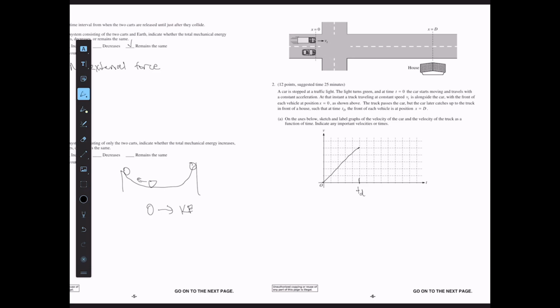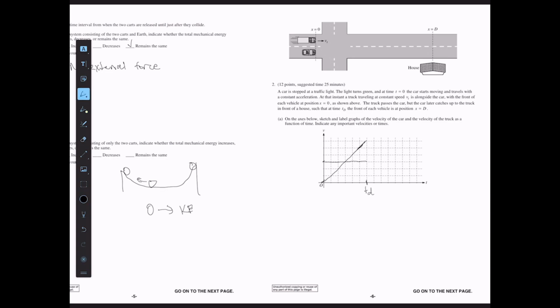The constant velocity of the truck should be right here. Wait, no. Hold on, sorry. Move that up a little bit. It should be right here. And then td.